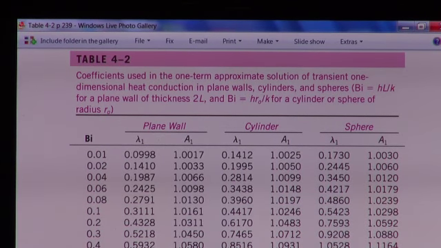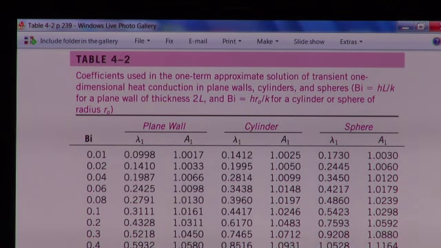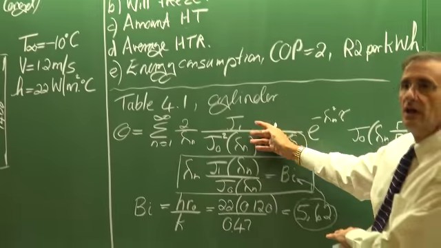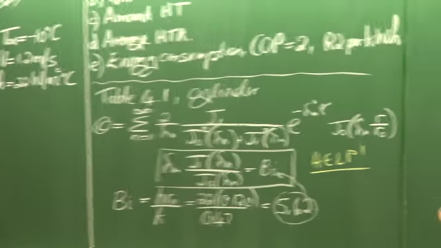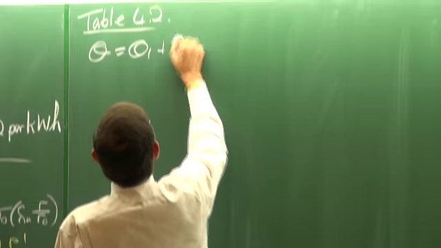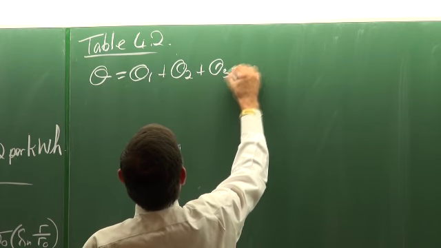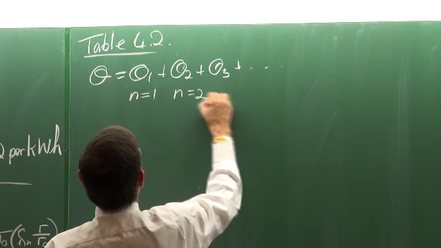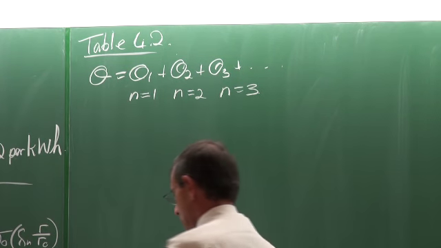But it is important to remember it's not all of them. You need to understand that the solution of theta is the case where n equals 1, and then you have to get all the roots and do the calculation, and then do it for n equal to 2, etc. So this would be for n equal 1, that would be for n equal 2, and that would be for n equal 3.